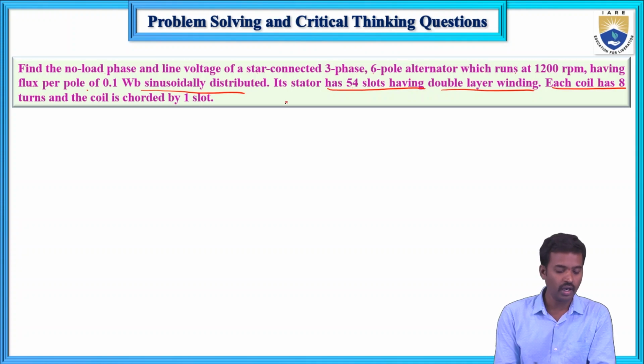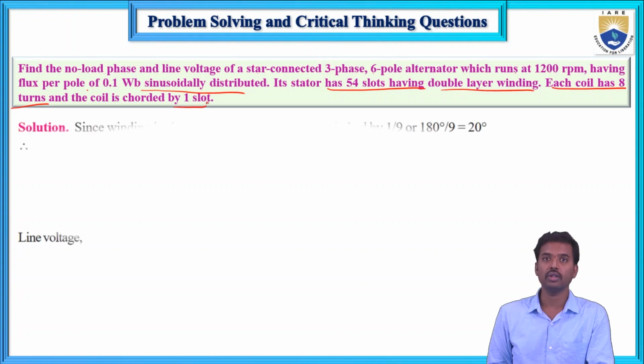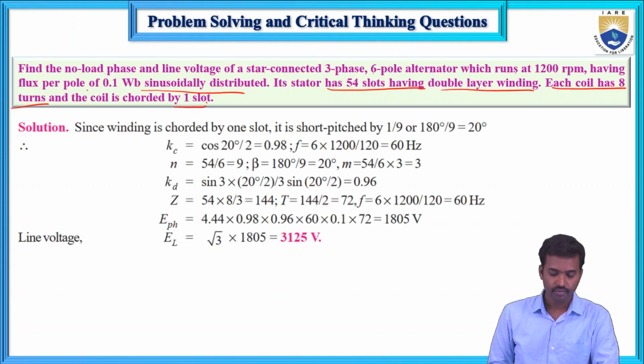Each coil has 8 turns and the coil is short pitched by 1 slot, so 1 by 9.